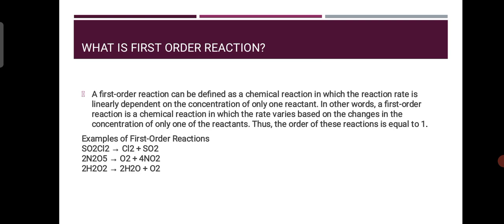Then what is first order? A first order reaction can be defined as a chemical reaction in which the reaction rate is linearly dependent on the concentration of only one reactant. An example is the dissociation of SOCl2 into Cl2 and SO2.